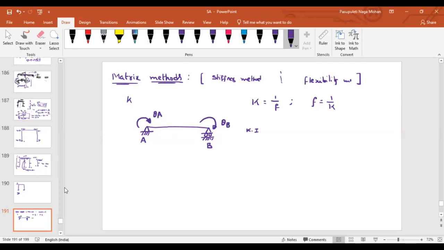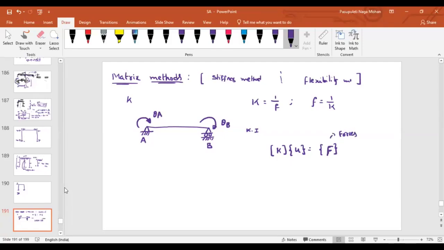Now, if you want to solve it using matrix methods of analysis, then stiffness into your displacements will be equal to your forces. Isn't it? If you know one component, then you can get the other component. This is not flexibility, this is force, the load vector.